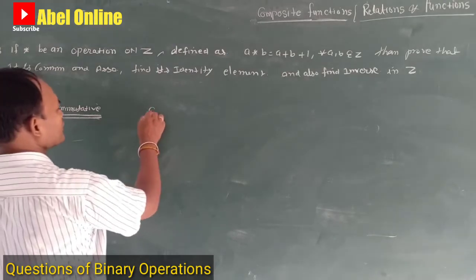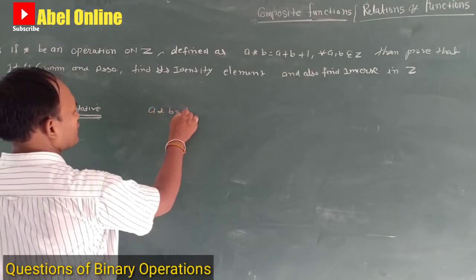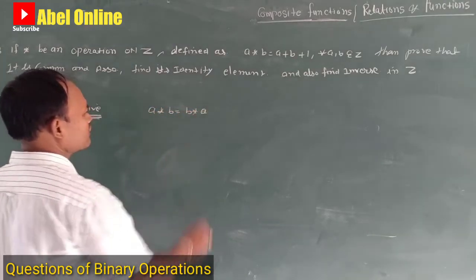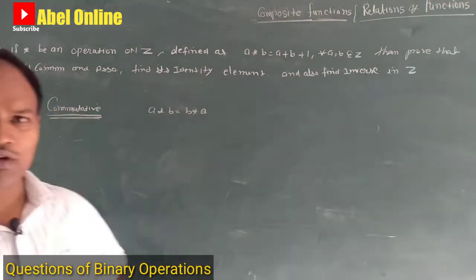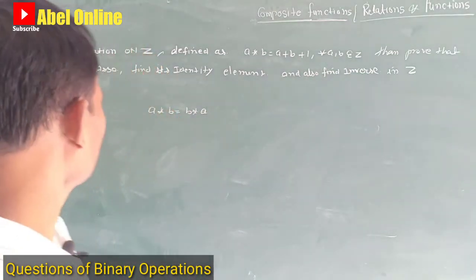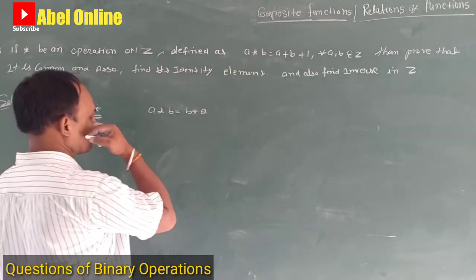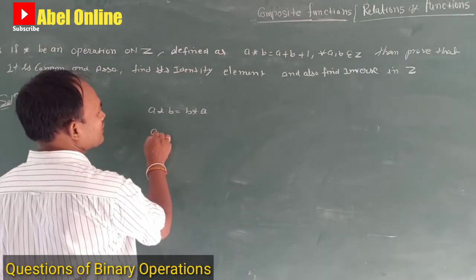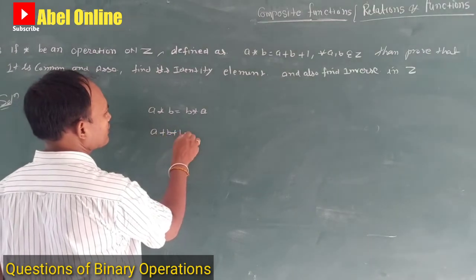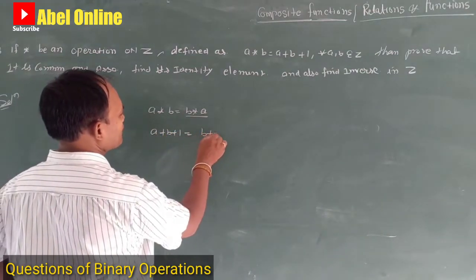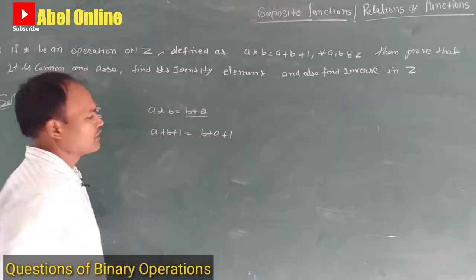When we are saying commutative, it means A star B equal B star A, this shows the rule of commutativity. The value of A star B we get by putting A plus B plus 1, and B star A means B plus A plus 1.